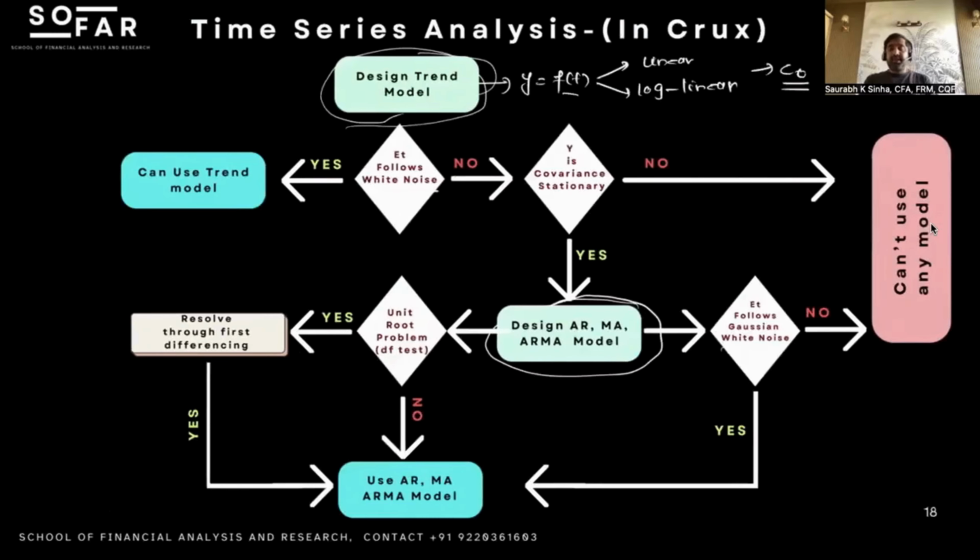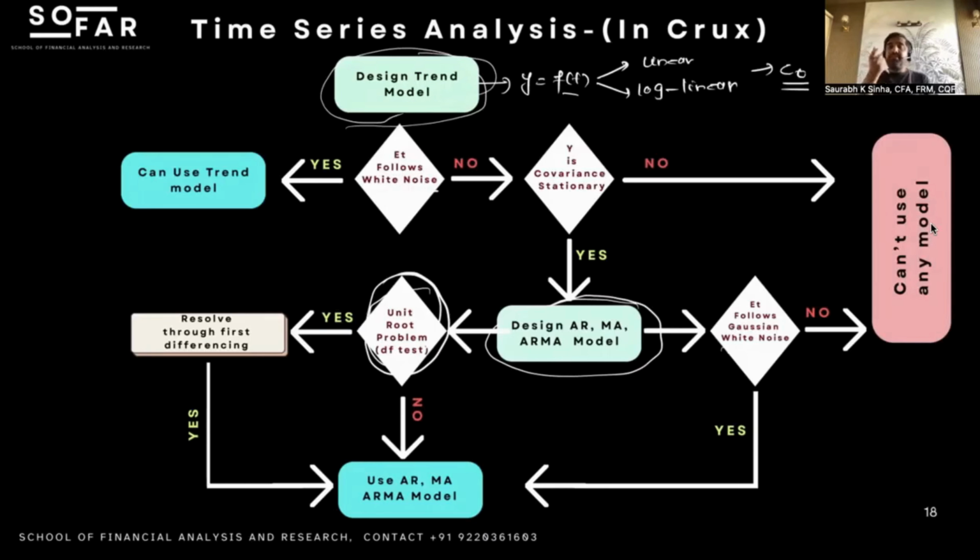So the flowchart says if there is a problem of unit root, and the problem persists, you cannot use the ARMA model. You have to fix it. You have to resolve it. That is another thing. But if you cannot resolve it, you cannot use the ARMA model. So you have to fix the problem of unit root.